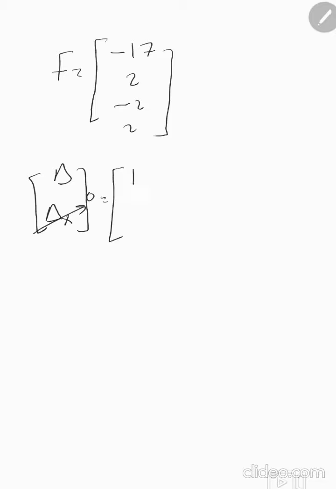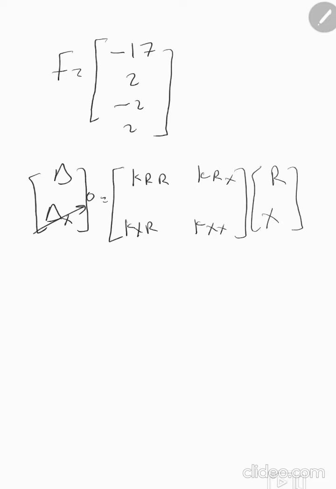Equal to KRR, KRX, KXR, KXX, R and X. Every element with X will be 0 because we don't have X. This one 0, this one 0, and this one 0.